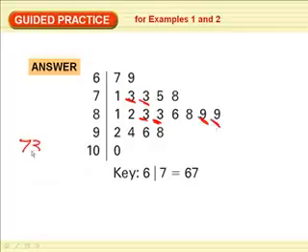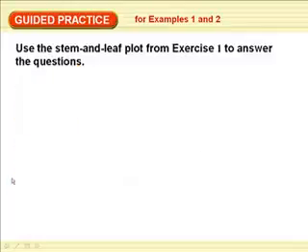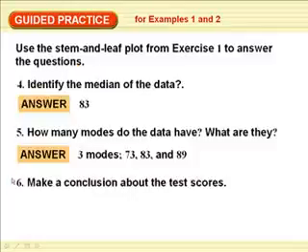So the mode would be 73, 89, and 83. So how many modes? The question says 73, 83, and 89. How many modes is there? So you would say 3, right here, 3.